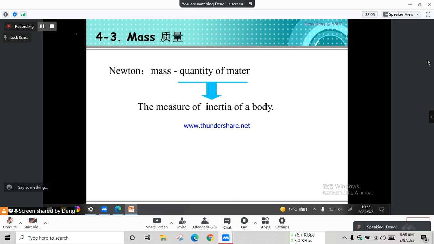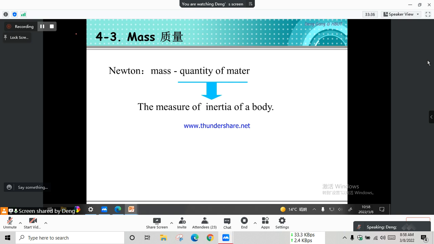That's reasonable because according to our daily life, if something is very heavy and it is moving, it is very hard to stop it, right? But if something is light and moving with the same speed, stopping it would be easier.